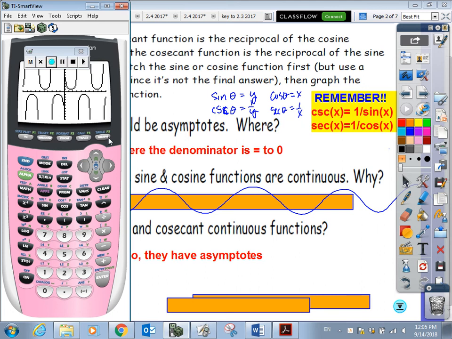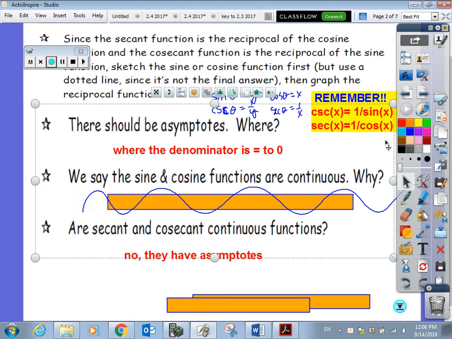But each of these places where it goes from down low to up high, there are asymptotes. Those are breaks in the graph. This keeps going on and on forever, just like sine and cosine. So it keeps on repeating. We're just going to graph one cycle like we've been doing, but now we have something else called asymptotes involved.